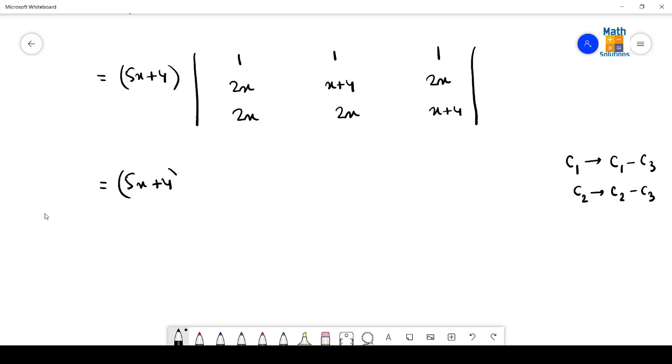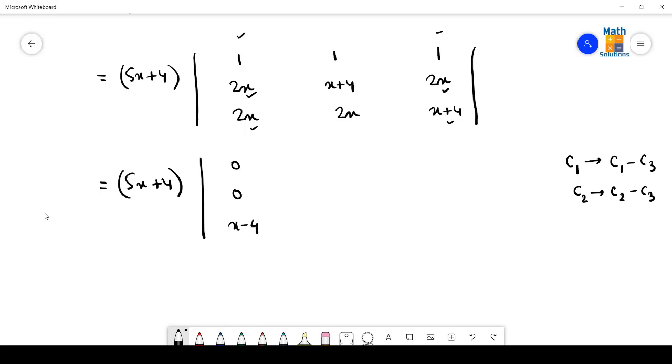Now so 5x plus 4, here we can write, when C1 is replaced by C1 minus C3, 1 minus 1, the result comes as 0. Then twice x minus twice x, the result will come as 0. Then twice x minus x plus 4, the result will come as x minus 4.